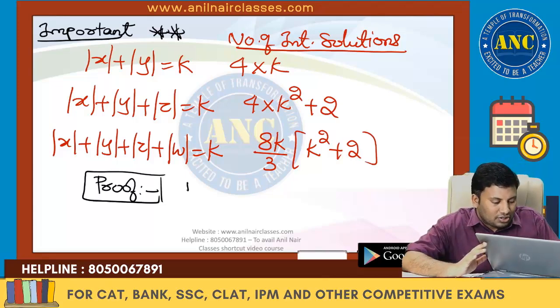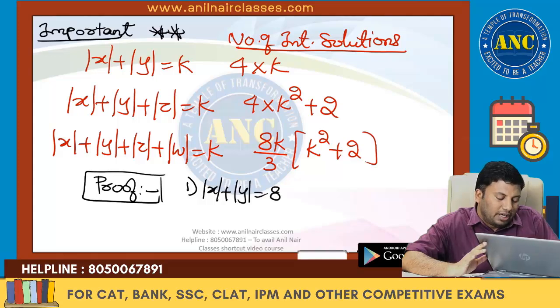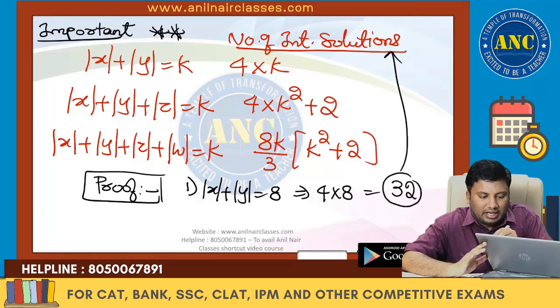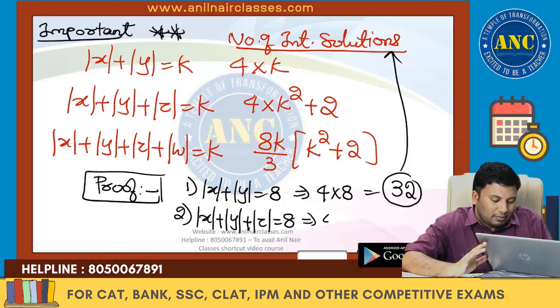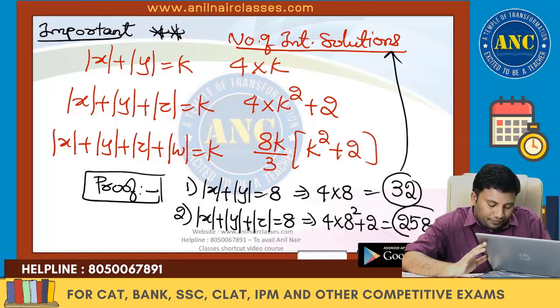So the first one: |x| + |y| = 8. Answer is 4 into 8, the number of integral solutions is 32. Second one, |x| + |y| + |z| = 8. Answer is 4(8² + 2), which is nothing but 258.